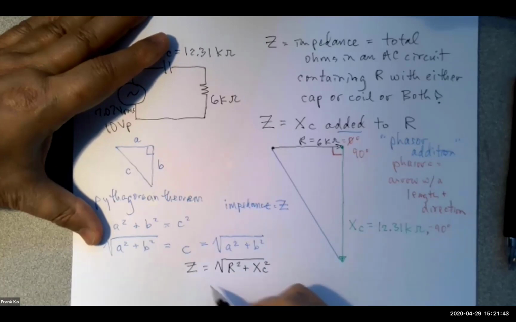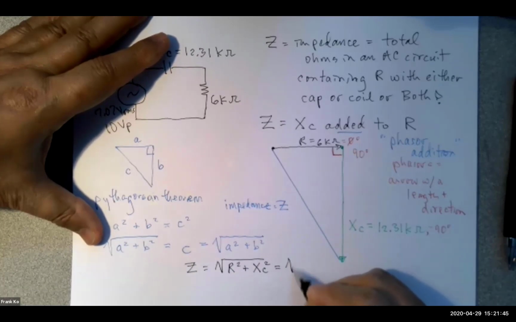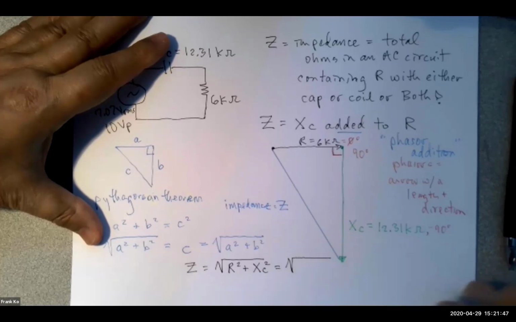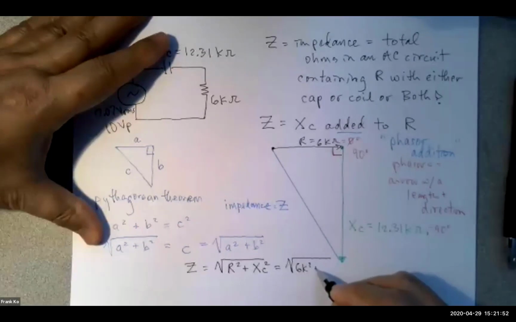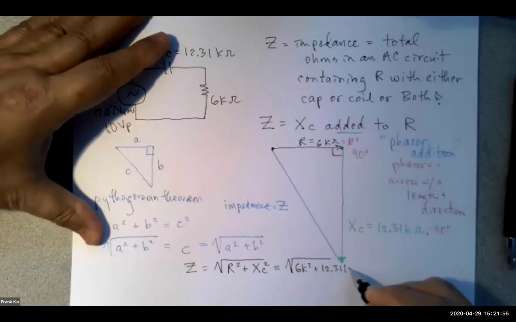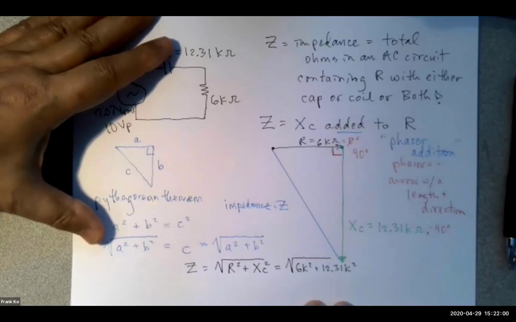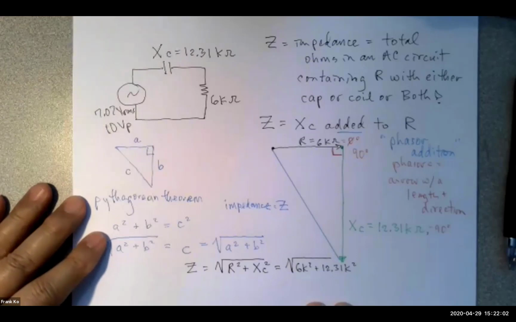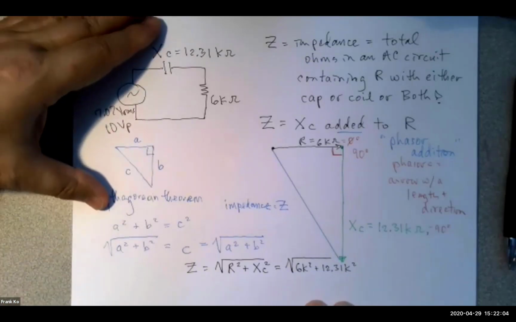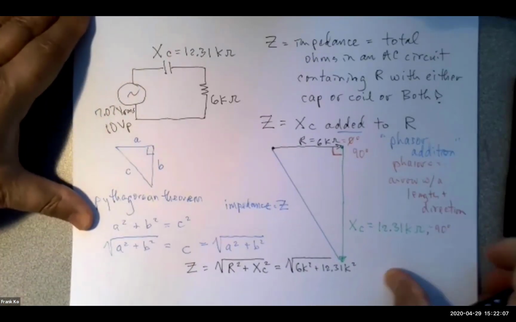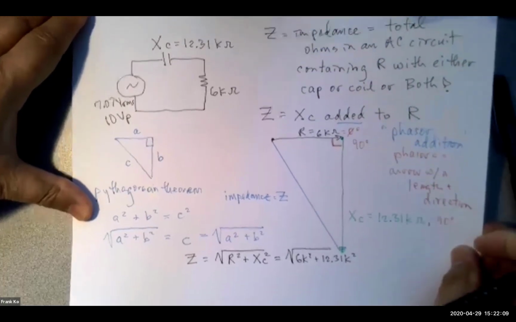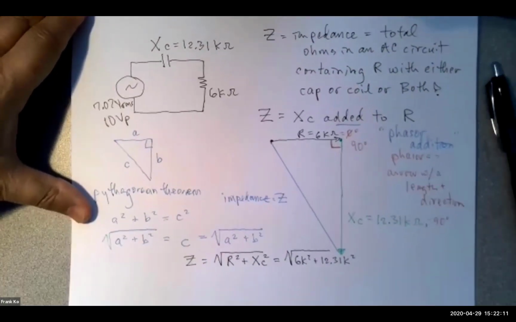So if I pop this into my calculator, I should have this written out. I should have 6k squared plus 12.31k squared. And you'll have to find the method that works for your calculator, but let me go ahead and write out what I would approximate as a keystroke sequence.